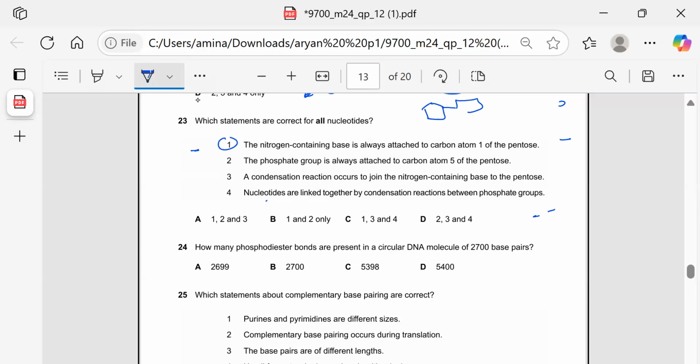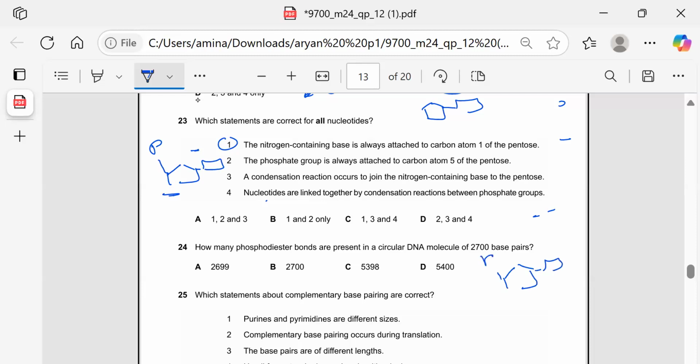The phosphate group is always attached to the carbon atom 5 of the pentose sugar. Let me see it. If I see it as an ATP, this is carbon number 5. If I look at the DNA or RNA, it comes like this.